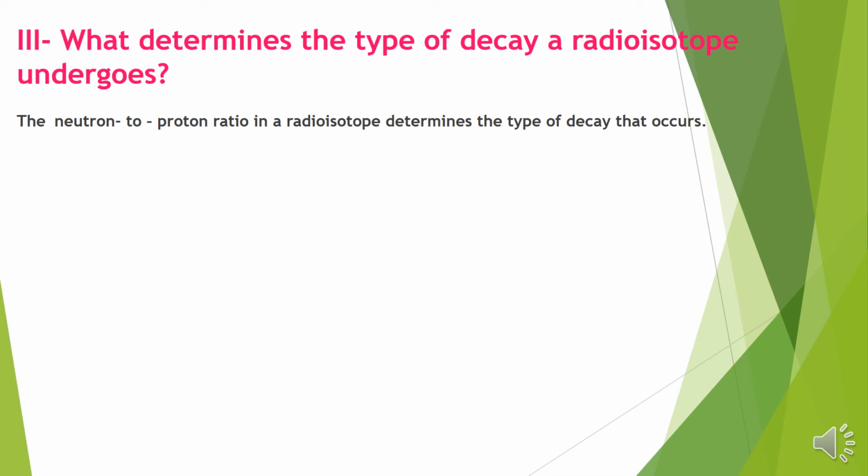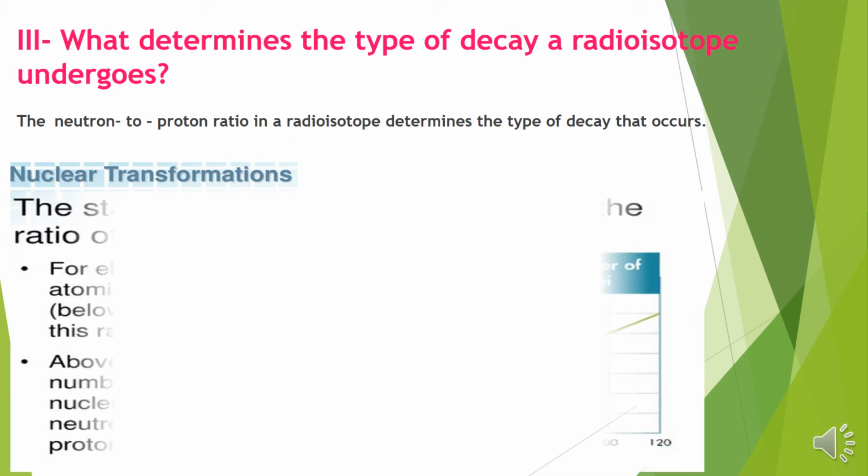Decay means we have a change in the nucleus of the atom, and it gives another element, or another nucleus or another atom. Okay, so let's see here the nuclear transformations.